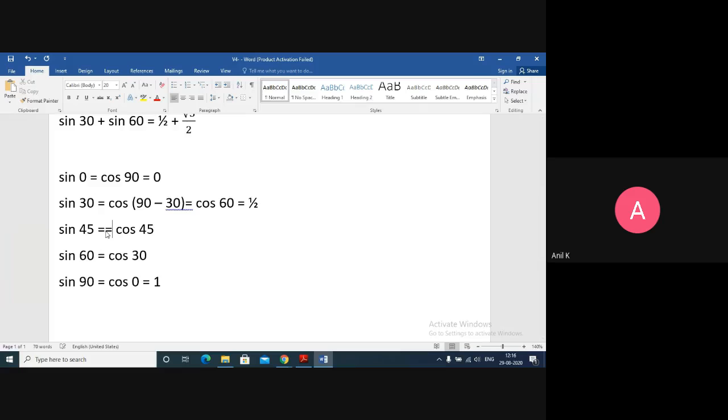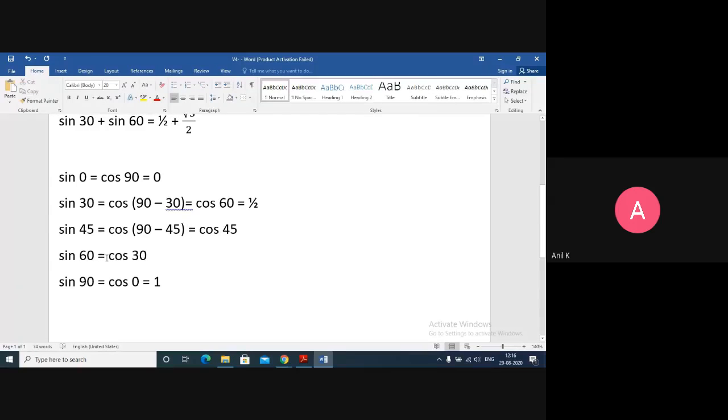Even here also I will put sin 45 as cos 90 minus 45. So sine function I am representing in terms of cos function.